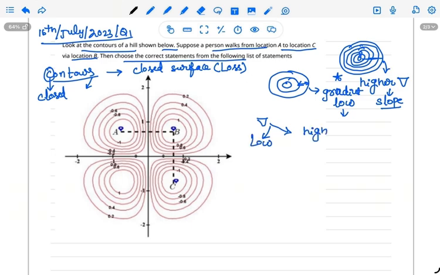Gradient means slope. If the values are high, these are steep surfaces. If the gradient is low, they are flat or gentle surfaces. Remember these points, these are important.